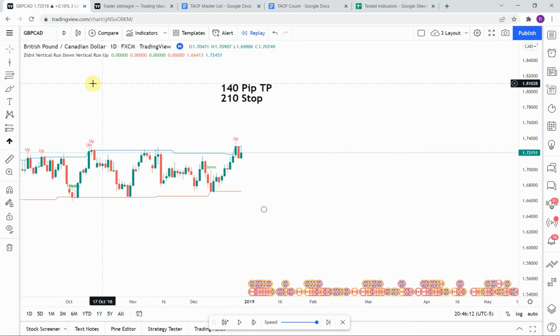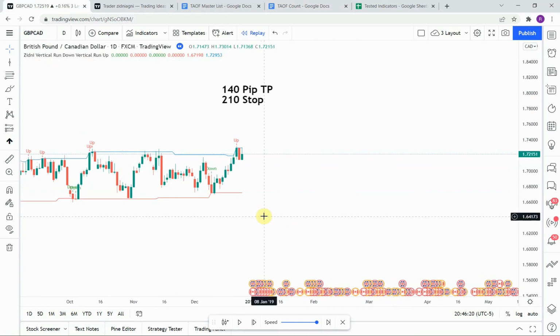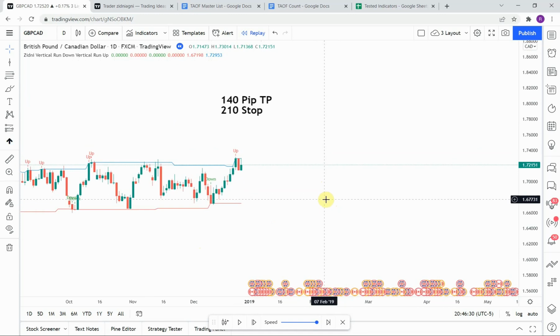In the last one, it was an engulfing candle type pattern, along with a trend kind of indicator. And this one is actually that trend indicator without the engulfing candle portion of it.